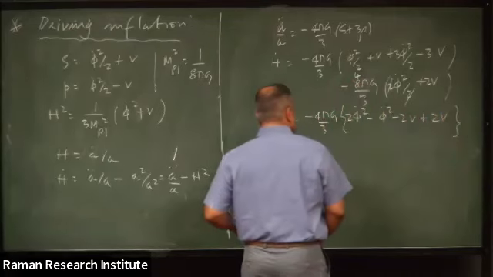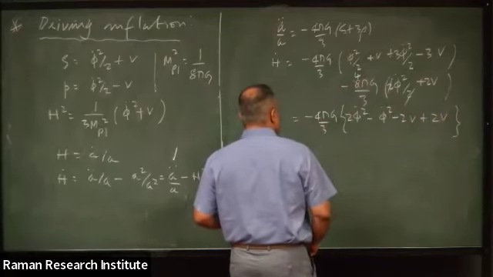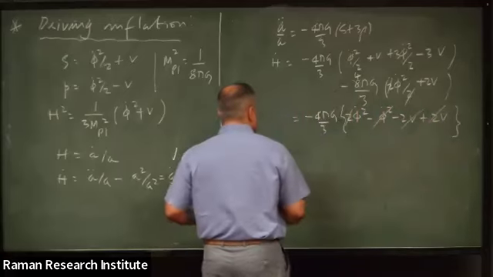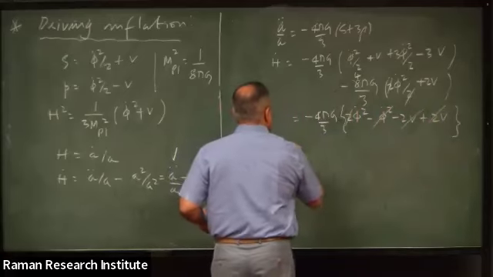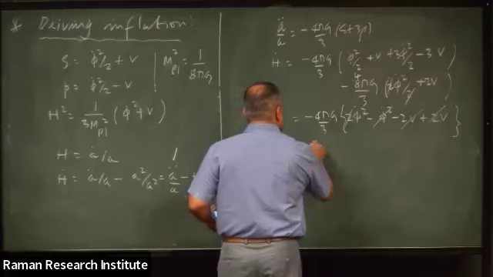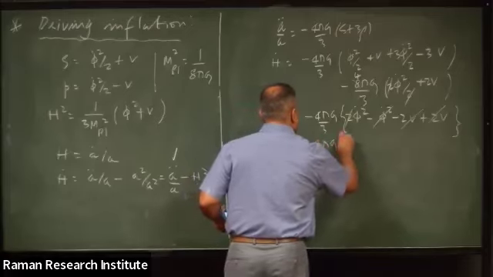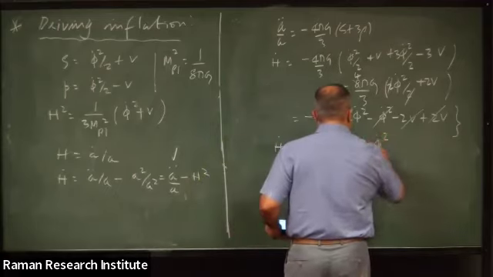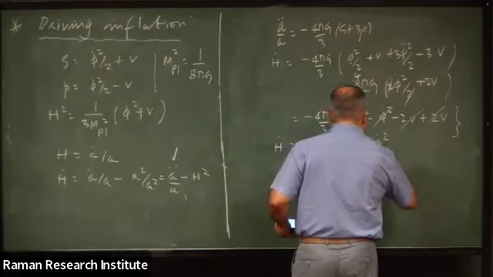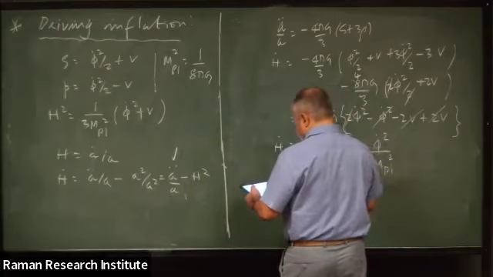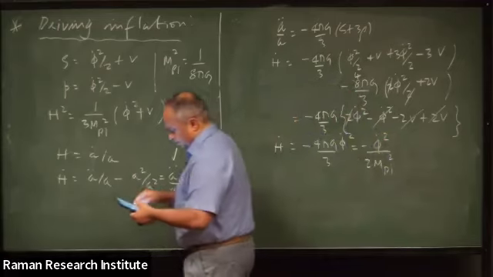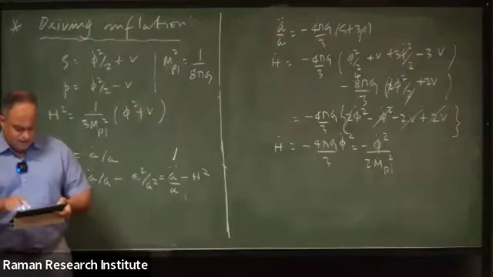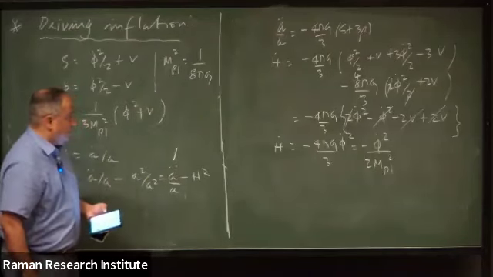I hope I got this right. So this cancels out. So H dot is equal to minus 4 pi G phi dot squared by 3, which is minus phi dot squared by 2 M_Pl squared. Is that correct? Yes, 2 M_Pl squared.